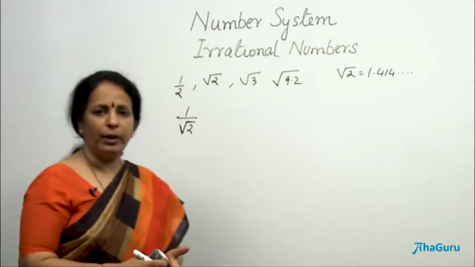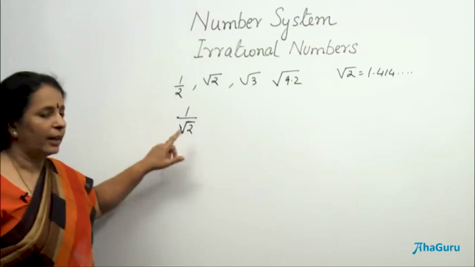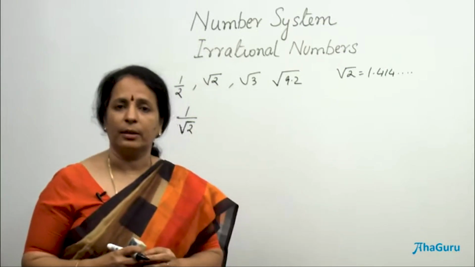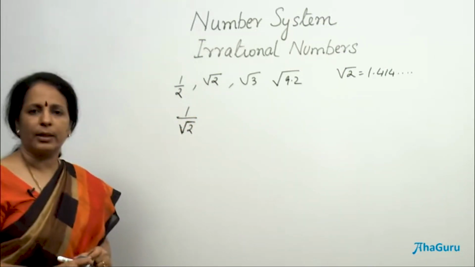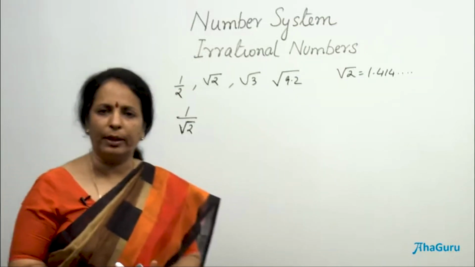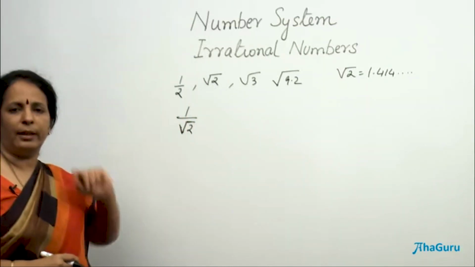So whenever we have an irrational number in the denominator, we try to rationalize it. That is, we somehow make this number rational. Rational means any whole number we can easily make it. How do I make root 2 a rational number?